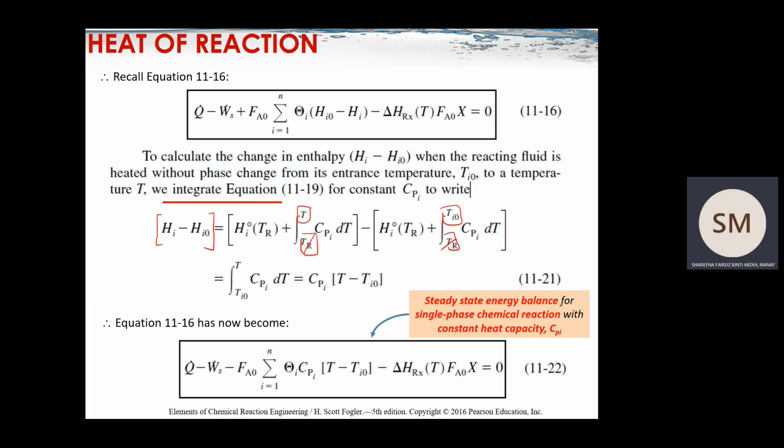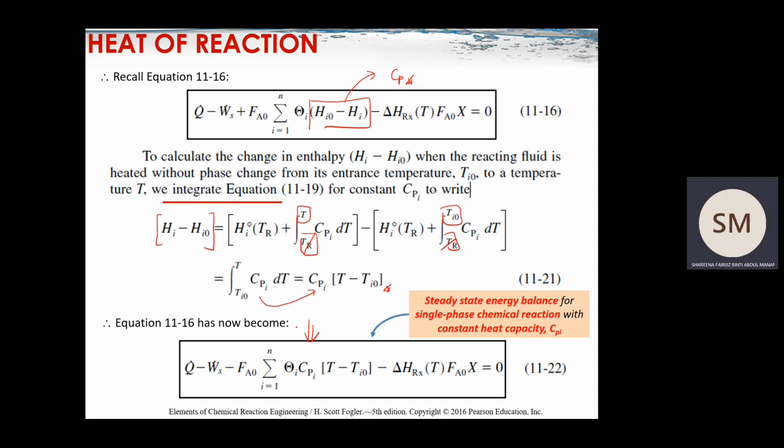That's why it becomes only from T to Ti naught, from the inlet temperature T0 to any temperature, Cpi dT. Once you integrate it, it becomes this simpler form, which you can replace in terms of the Cp. So it becomes this equation.